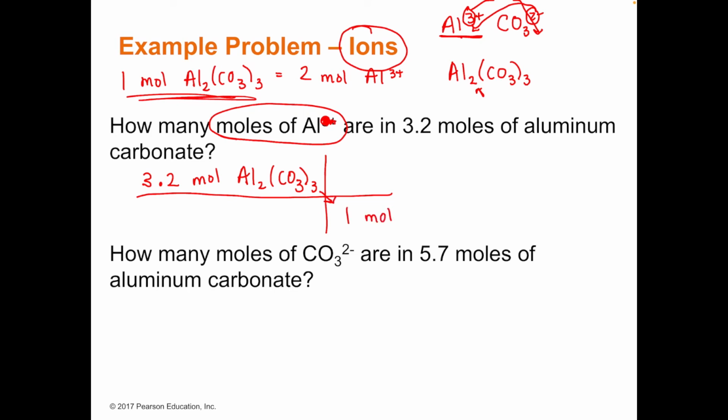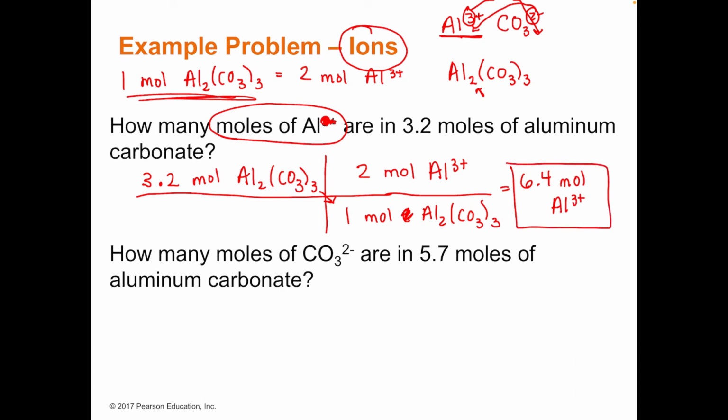So that 1 mole of aluminum carbonate will go on the bottom, and that 2 moles of aluminum will go on the top. We can multiply all of this out, and we will get 6.4 moles of Al3+. As you can see, we're doing this the exact same way. The only thing with the ions is that it came from an ionic compound, so I don't want you to get tripped up by that. Let's try another one.